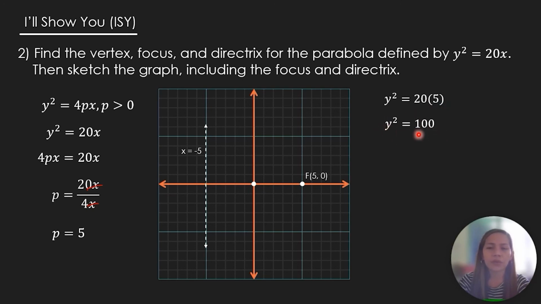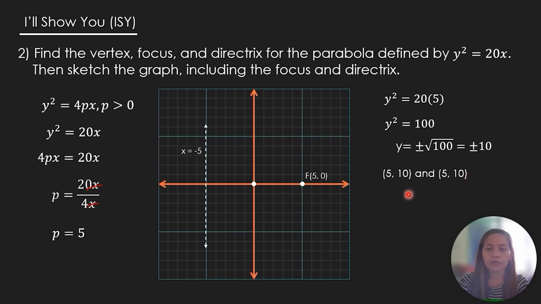Again, we take the square root of both sides to remove the square, so y is equal to the positive and negative square root of 100. Getting the square root, you get two values, one positive and one negative. So that means for x equals 5, our y has two answers: positive 10 and negative 10.